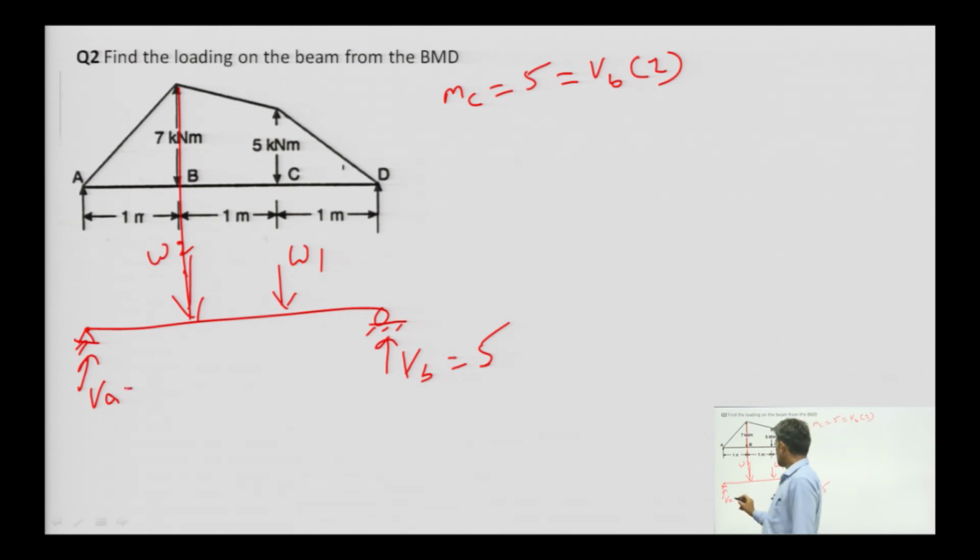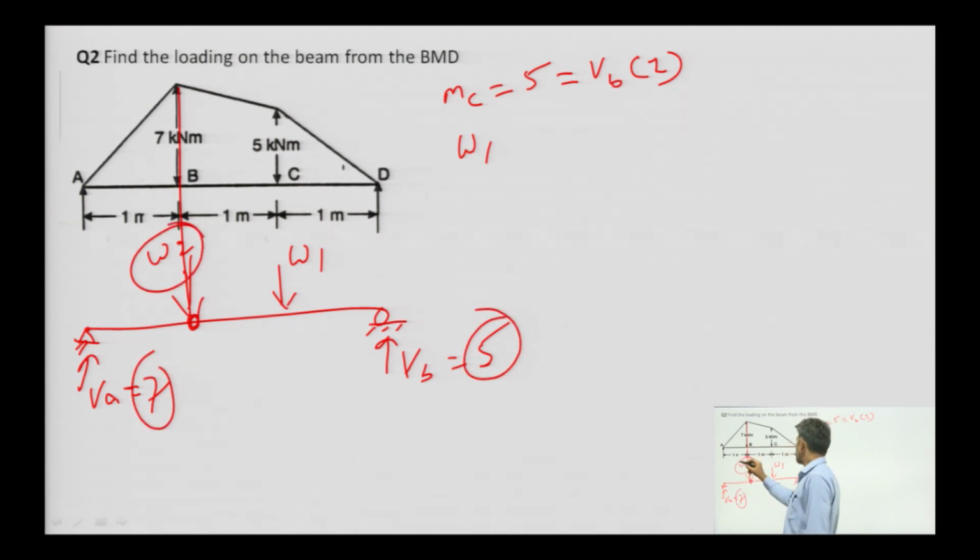Similarly, the value of VA will be 7, and W1 can be calculated by taking moment here. Using the equilibrium equations with 5 and 7, calculate the values of W1 and W2.